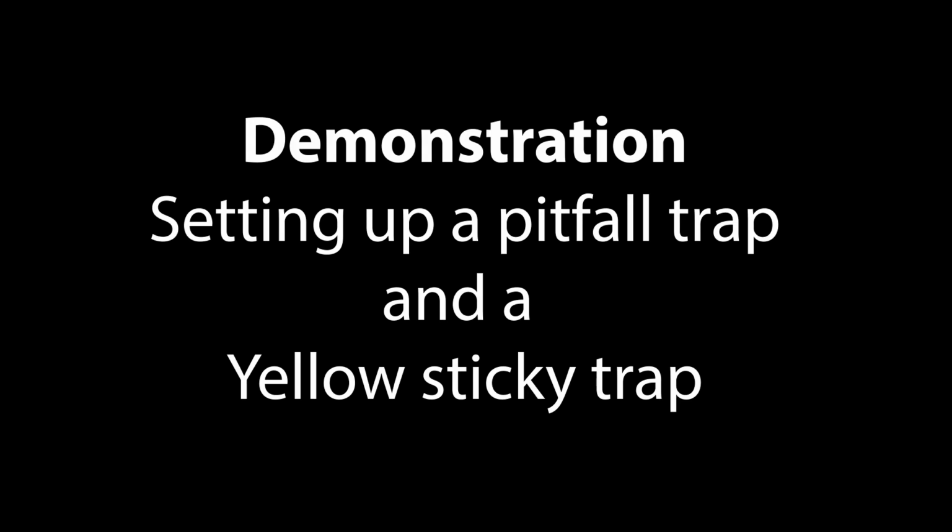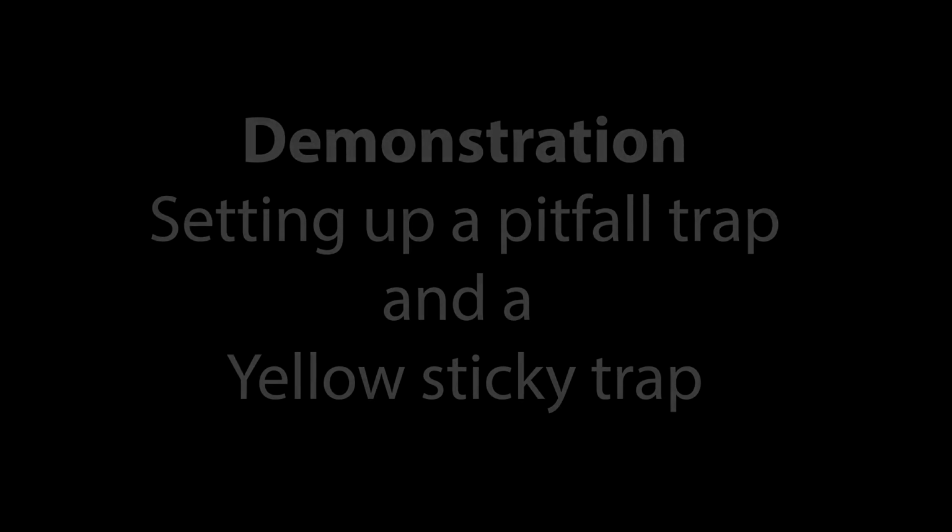For instance, if your target species is a ground-dwelling beetle, you probably wouldn't be putting yellow sticky traps out, but you would be more inclined to use pitfall traps. So moving on, we will now look at how to install a pitfall trap. So let's get started.